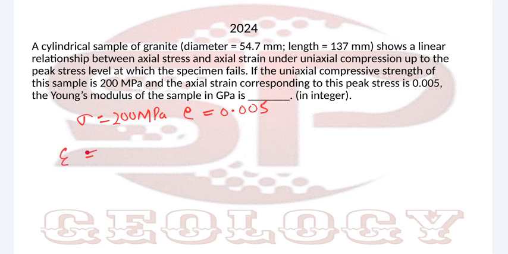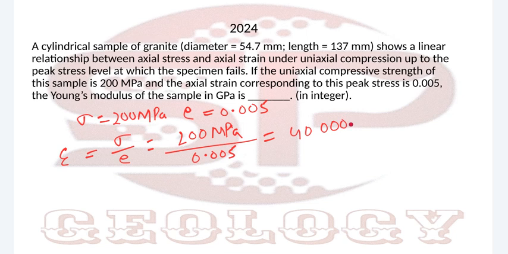We have to calculate Young's modulus: sigma by strain, 200 MPa divided by 0.005, which is 40,000 MPa, that will be 40 GPa. So the answer will be 40 GPa.